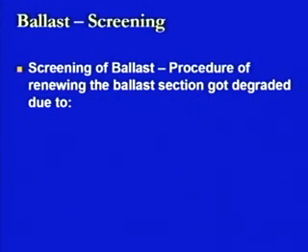Then another aspect related to ballast is screening. Screening of ballast is a procedure of renewing the ballast section which has got degraded. What happens is that with time, as the ballast is used for a longer period at any location, as the loads keep coming from the top, or weathering agencies play their role in the degradation of that material, the material keeps on reducing in size or keeps on losing its strength.